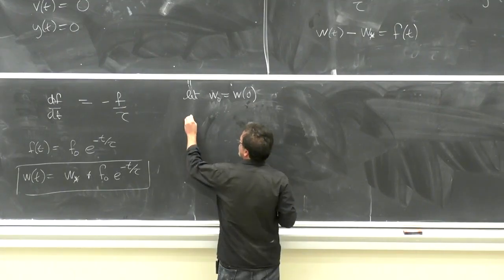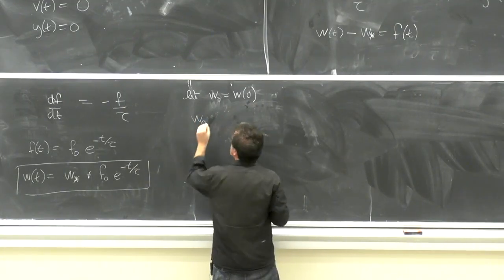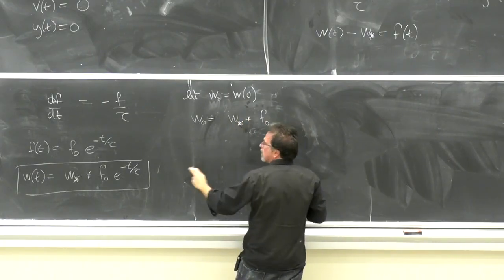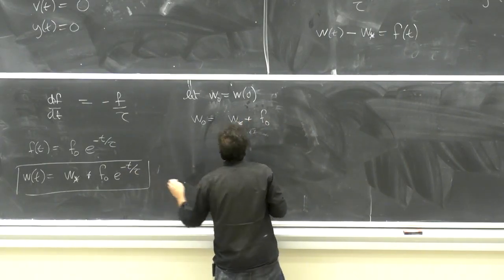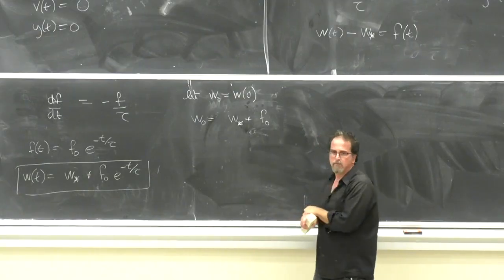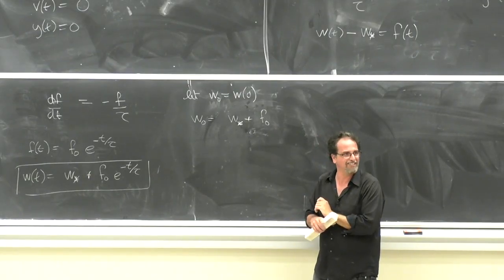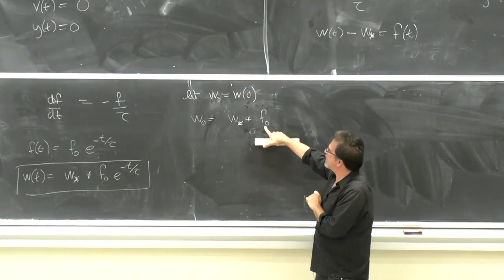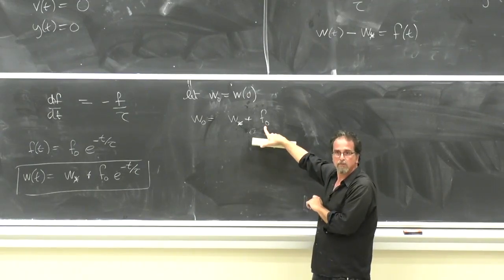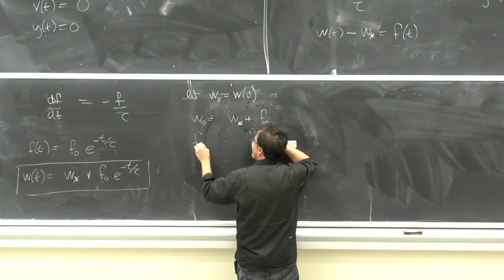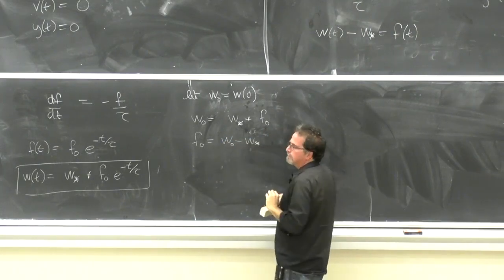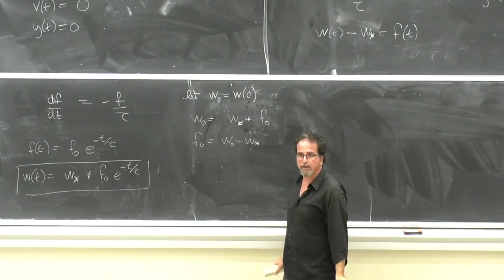So w0, which is the left-hand side, is equal to w star plus f0, and then I'm going to let t equal 0. That means the exponential is equal to 1. Well, that's not a super surprising result. And that means I can get rid of f0. That means f0 is equal to the initial velocity minus w star. Okay? So stay with me, everybody.